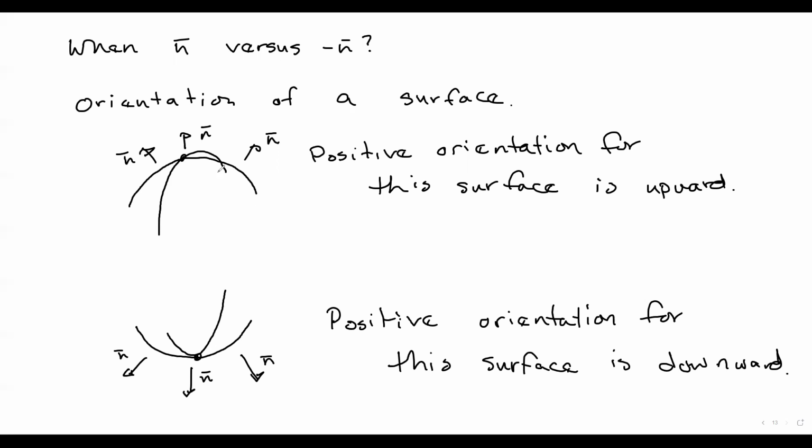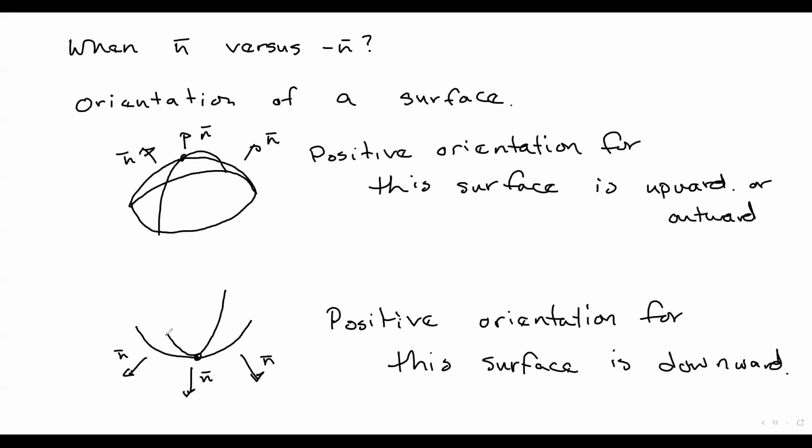If you thought of this as an enclosed surface, if I added a plate at the bottom to make it not just a surface but enclosed, then notice that the normals are pointing outside the enclosed object. So the positive orientation for this surface is upward or outward.